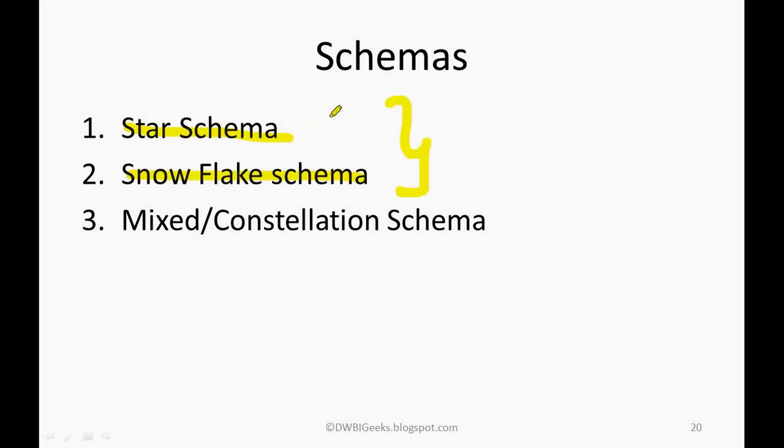As a best practice, most data warehouses are designed to achieve the star schema, because the performance is very good in the star schema. Let us dig into detail on what this star schema is.